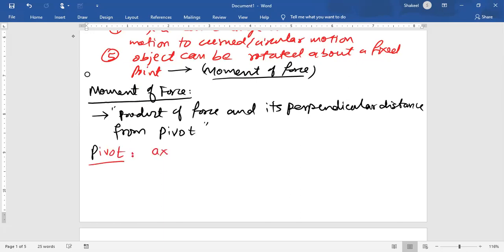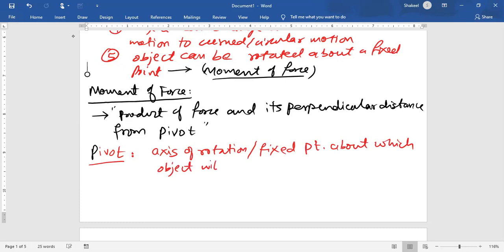Pivot is also known as the axis of rotation, and this is the fixed point about which the object will rotate.